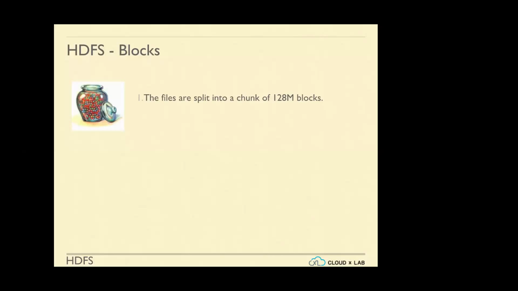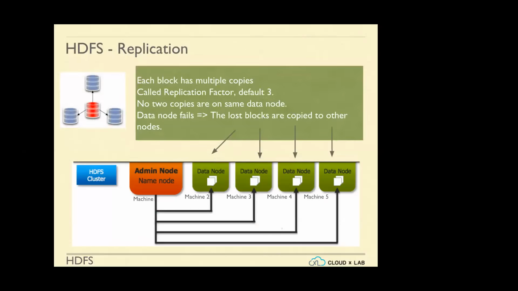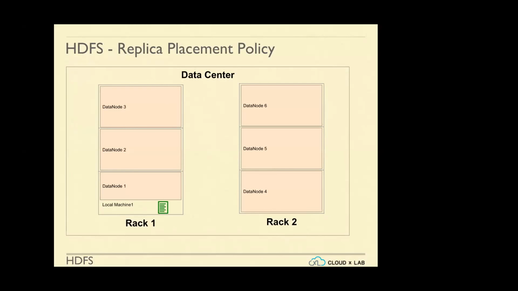Each block is 128 MB, and that's how it stores the data in data nodes. Instead of just storing the file, it cuts it into blocks and keeps them on multiple machines. It keeps copies equal to the replication factor. If one of the machines dies, it will recover that particular lost block from the other copies.